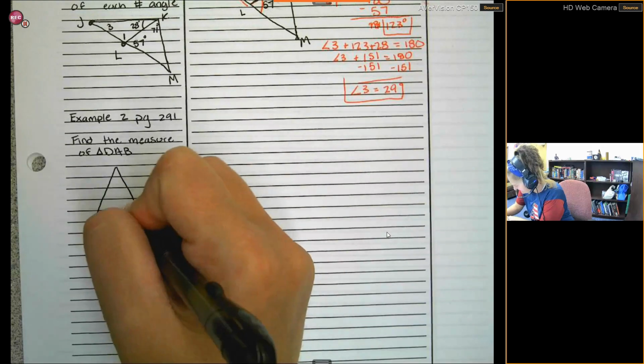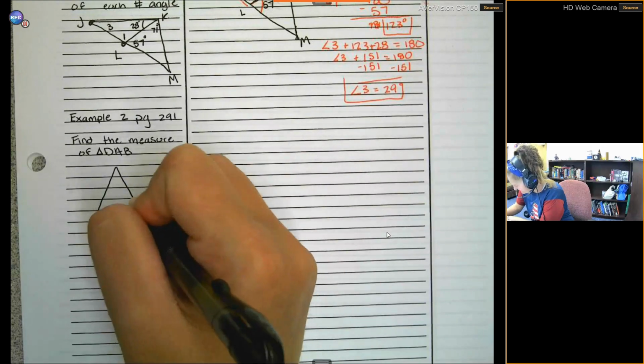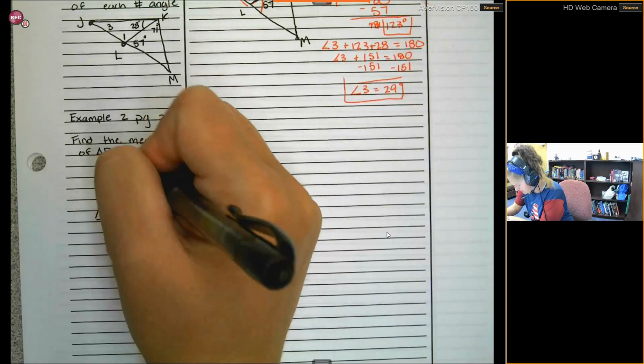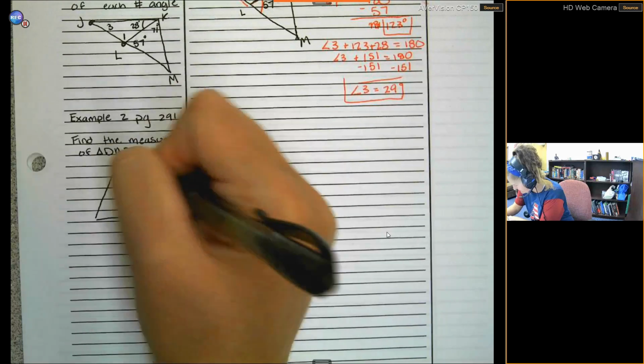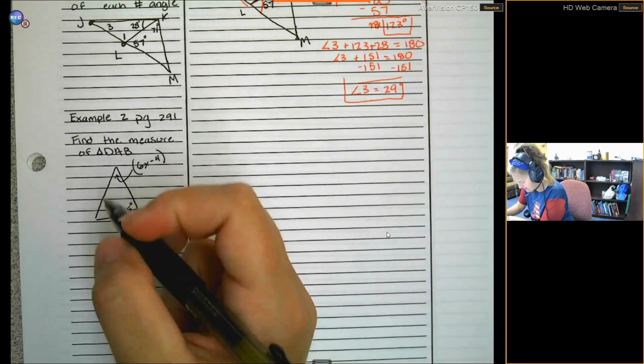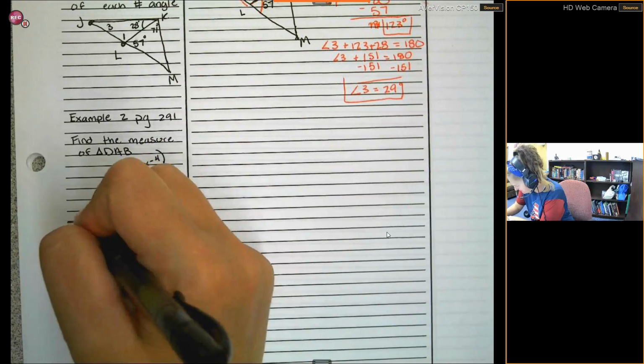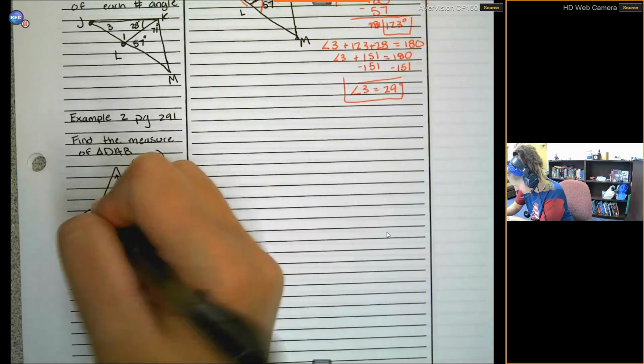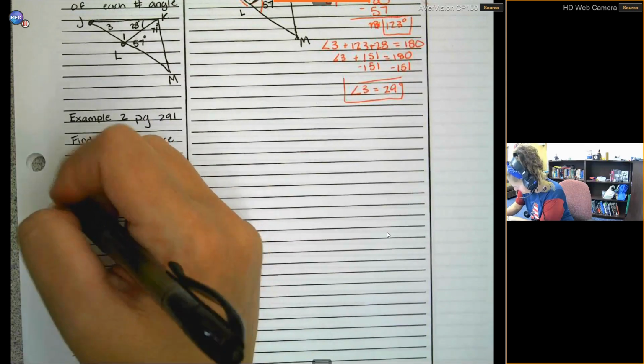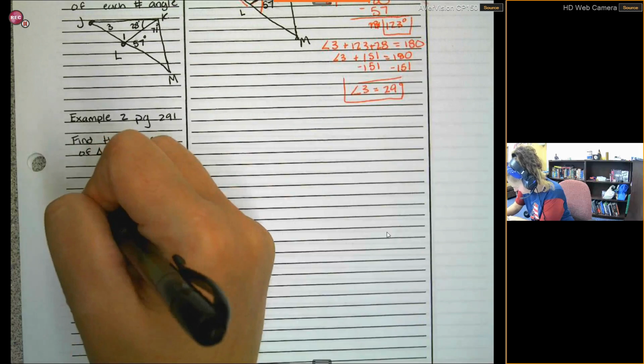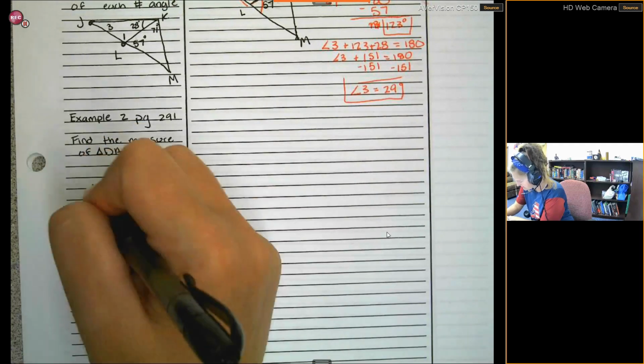And this one is 65 degrees. This is 6x minus 4 degrees. And this one, this exterior angle, is 2x plus 7 degrees.